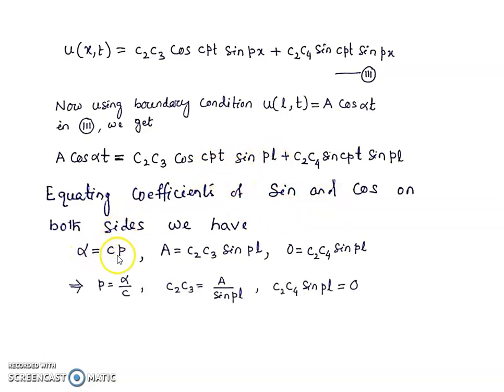Now from alpha is equal to cp, we have p is equal to alpha by c. And from the second equation, we have c2 c3 is equal to A divided by sin pL. And from the third, we have c2 c4 sin pL is equal to 0.